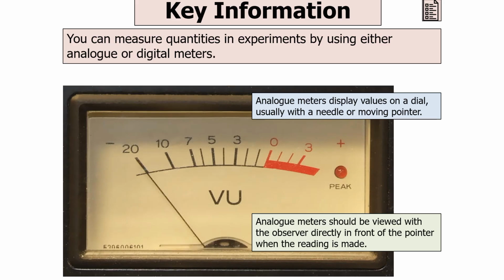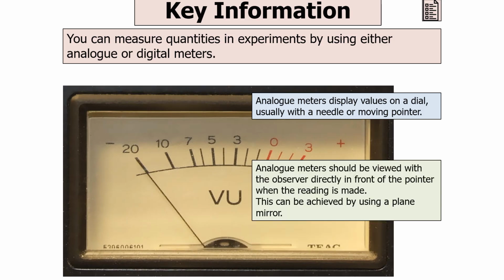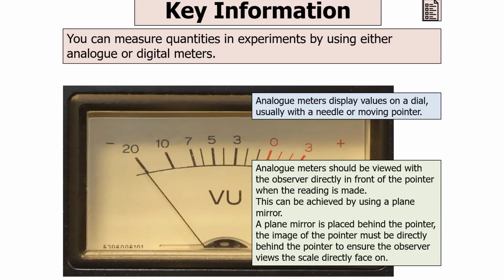Analog meters should be viewed with the observer directly in front of the pointer when the reading is being made. This can be achieved by using a plane mirror. A plane mirror is placed behind the pointer, and the image of the pointer must be directly behind the pointer to ensure that the observer views the scale directly face on.